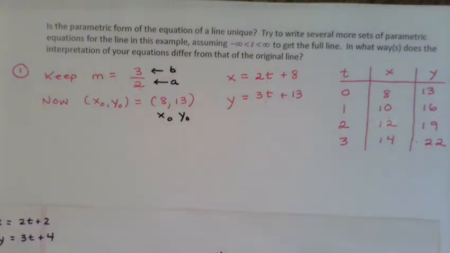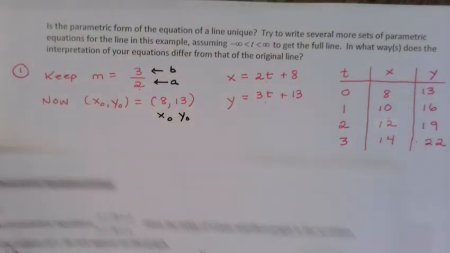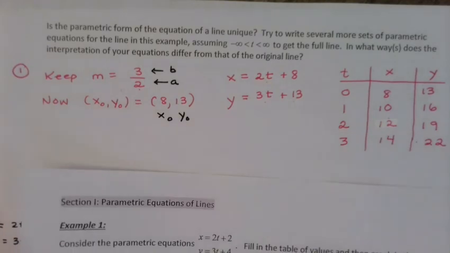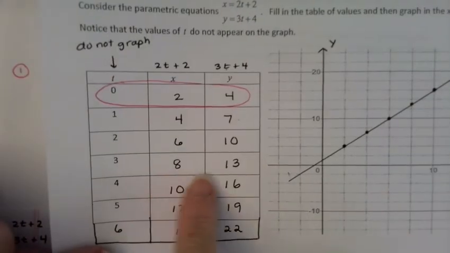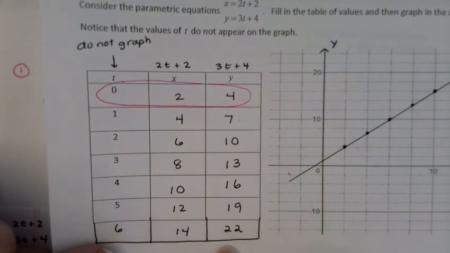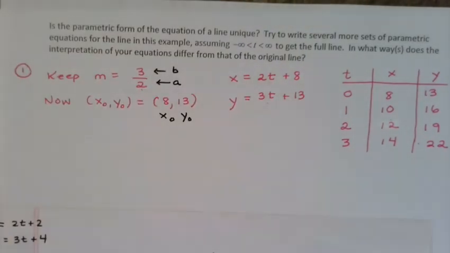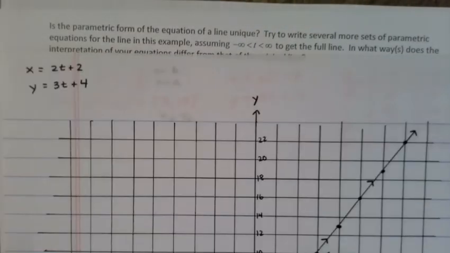So notice the points on the line haven't really changed. Those are the same points for x and y as I had here: 8, 13, 10, 16, 12, 19, 14, 22. They're all the same. The only difference is what's considered the starting point, t equals 0.